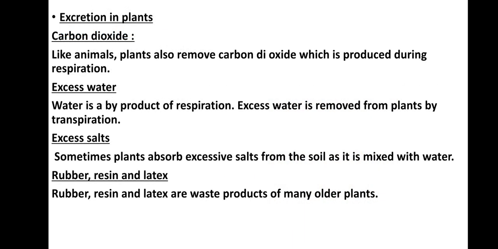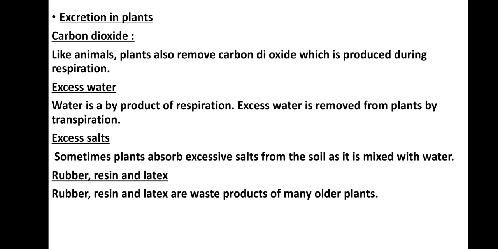Excretion in plants. Plants also excrete out waste materials from its parts. Carbon dioxide. Like animals, plants also remove carbon dioxide, which is produced during respiration. Excess water. Water is a byproduct of respiration.